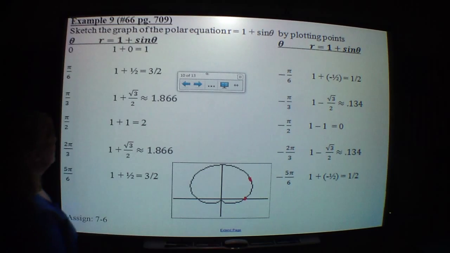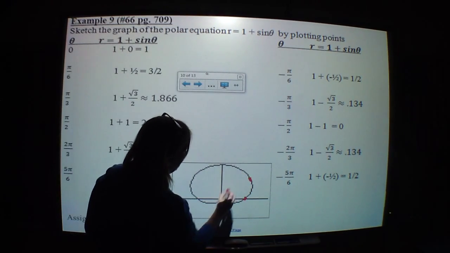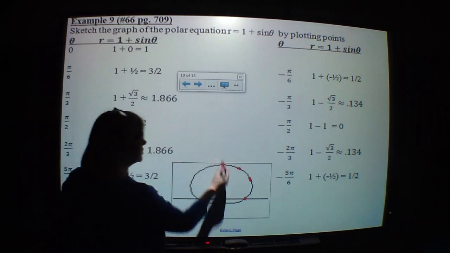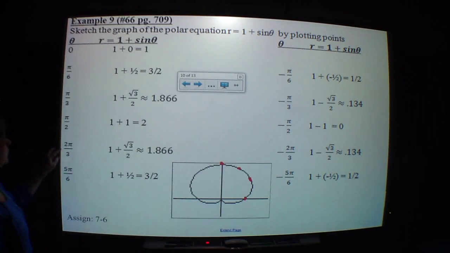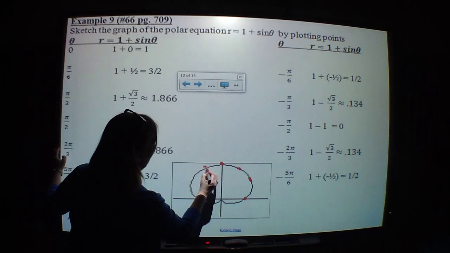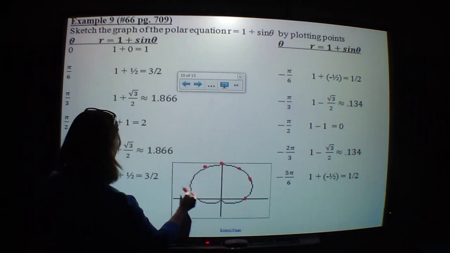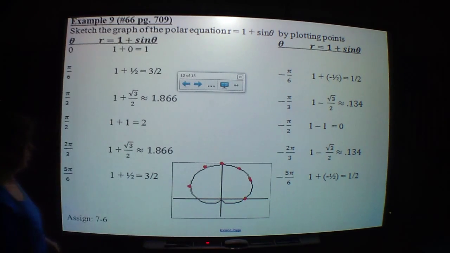Pi over 3, now I'm a little farther out. From here to here is about 1.9 units. At pi over 2, which is up here, I'm about 2 units away. At 2 pi over 3, I'm about 1.9 units away. At 5 pi over 6, I'm about 3/2 unit away. So those are some points there that I picked.